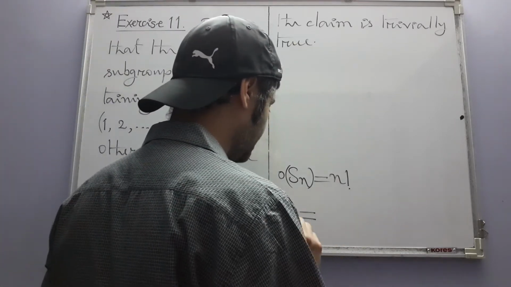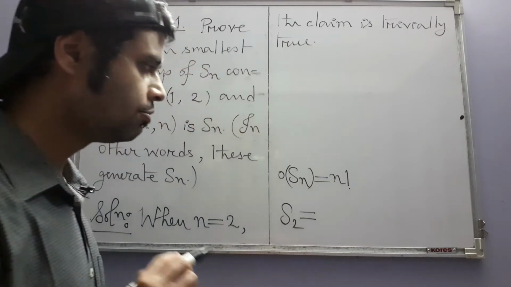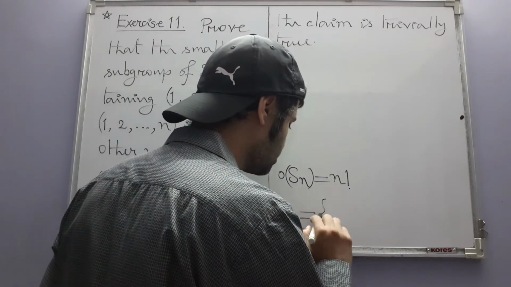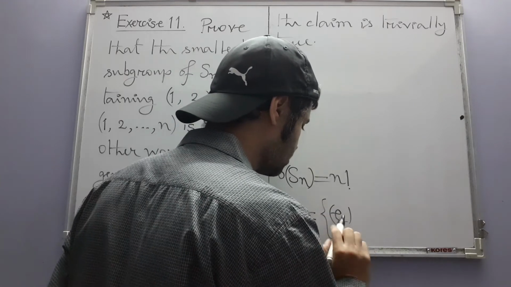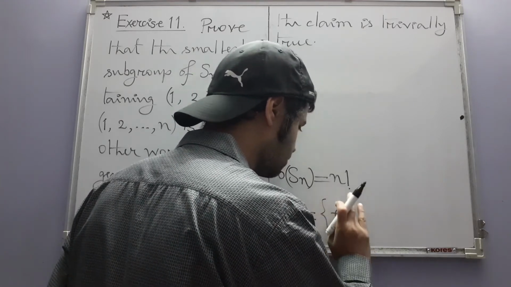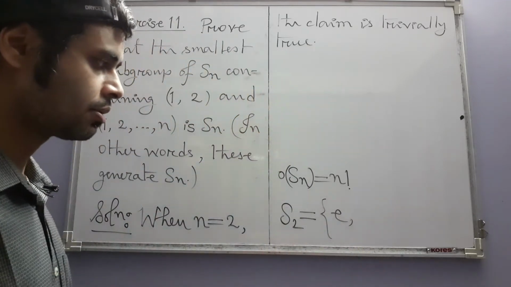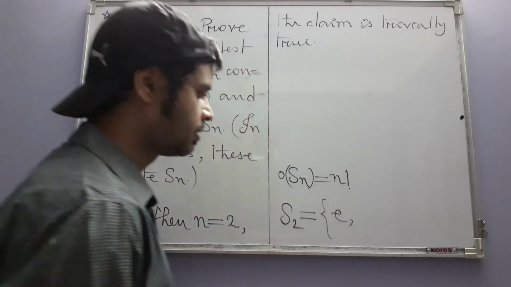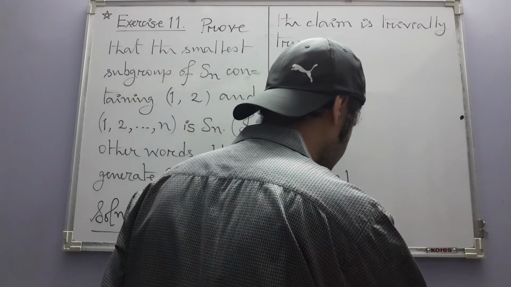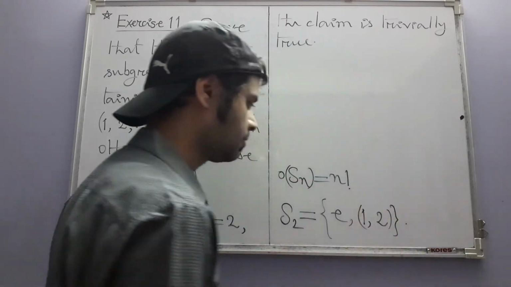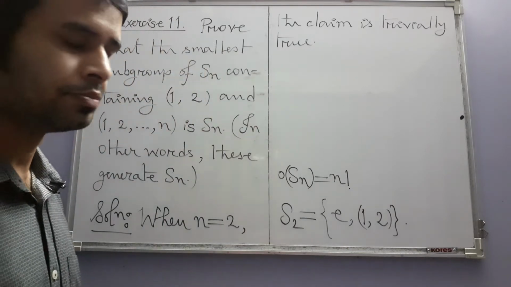So S2 will have exactly 2 factorial elements, that means 2 elements. One of those elements is of course our identity permutation, which does not change anything, and the other is this 2 cycle, and that's just it, that is S2.